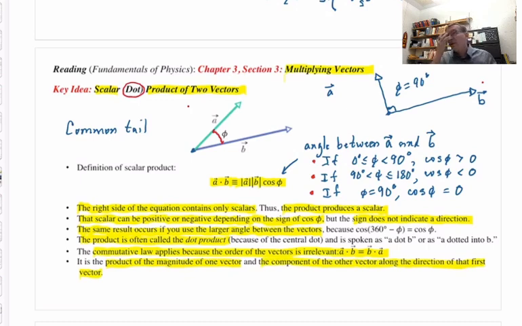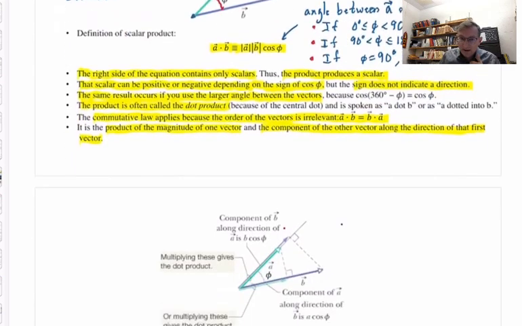The component of one vector along the direction of another vector is sometimes called the projection of the first vector along the direction of the second vector. So the scalar product is the product of the first vector's magnitude and the projection of the second vector along the direction of the first. Now that needs a picture to help you absorb it, so let me show you the picture.